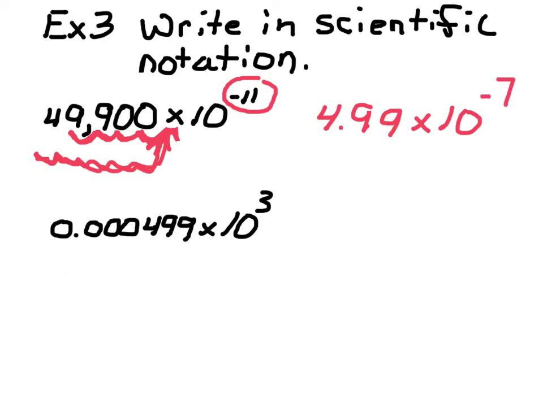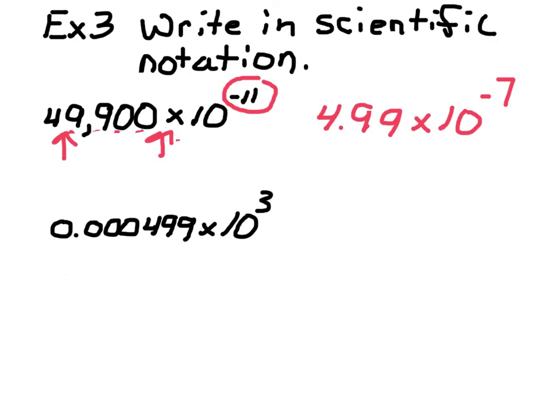All right? So let me just kind of clear that up a little bit. Instead of moving it 11 to get to right there, we're only moving it 7 to get to right there. Okay? So my number in scientific notation now would be 4.99 times 10 to the negative 7.